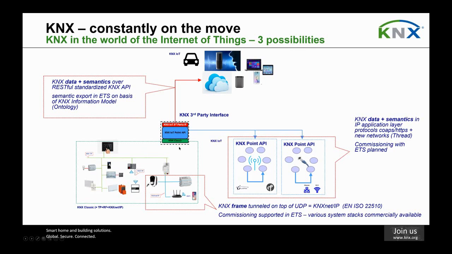So this third party interface would allow you to connect with a gateway to a classic installation. So it provides the data as well as the meaning of the data, the semantics of the data of this installation.